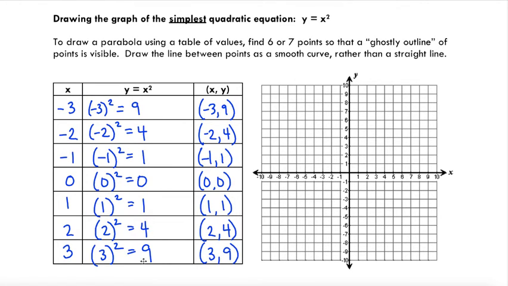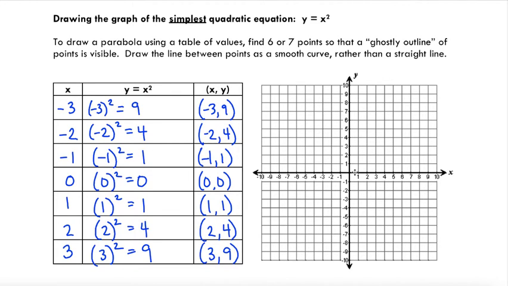So what do you notice about your y values? Well, we notice that they start large and they get smaller, and when it reaches a certain point, the numbers start repeating again. So what happens when we draw that?